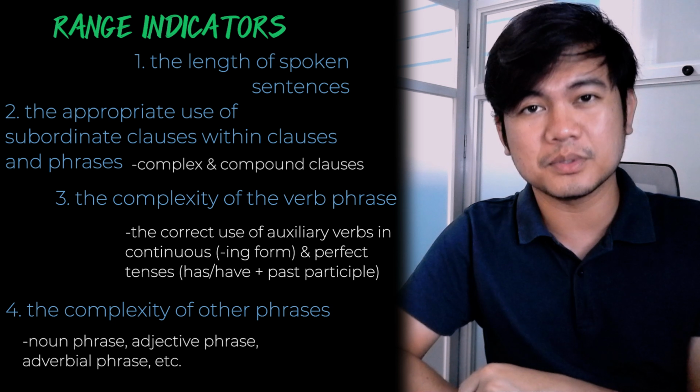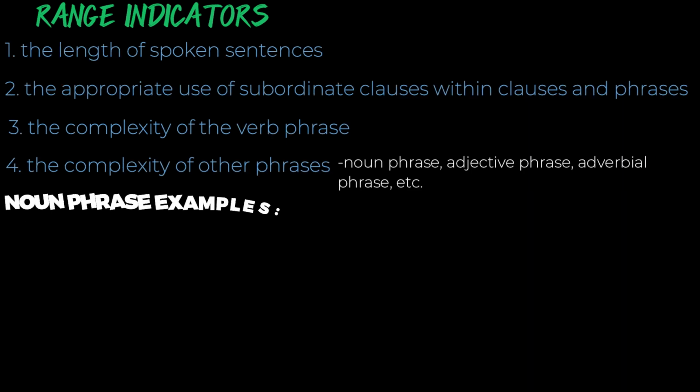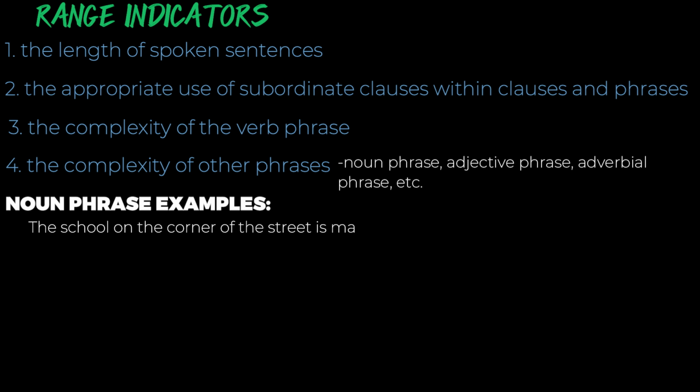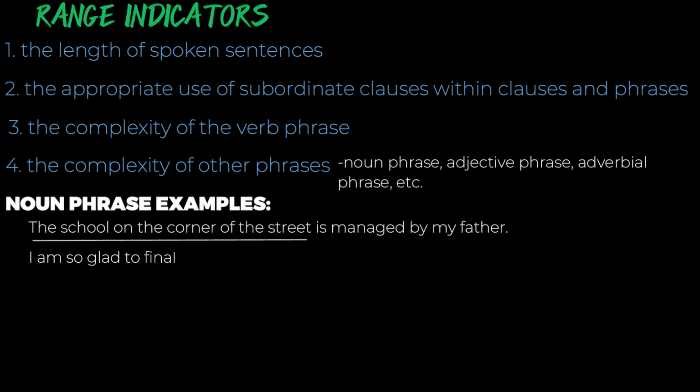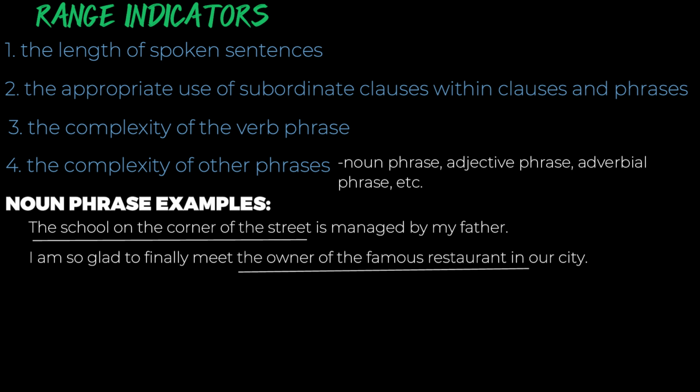Let me give you two examples. Noun phrase examples. The school on the corner of the street is managed by my father. The noun phrase here is the school on the corner of the street. Another example. I am so glad to finally meet the owner of the famous restaurant in our city. So the noun phrase here is the owner of the famous restaurant in our city.